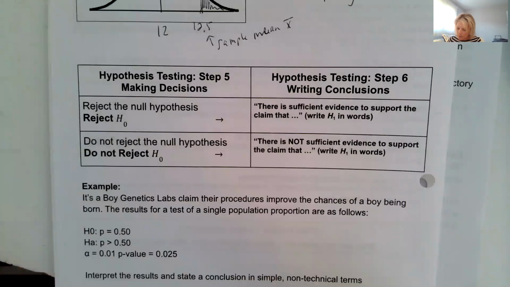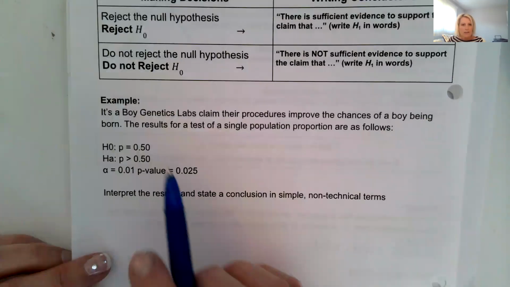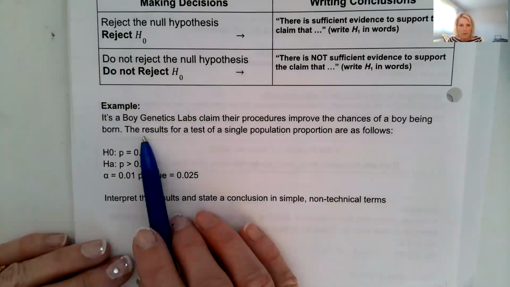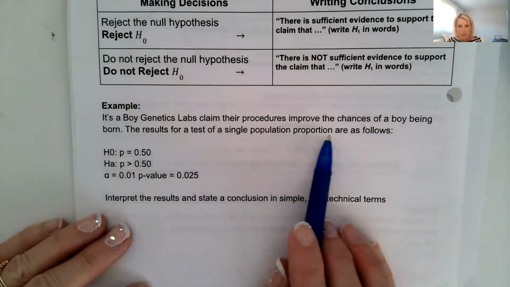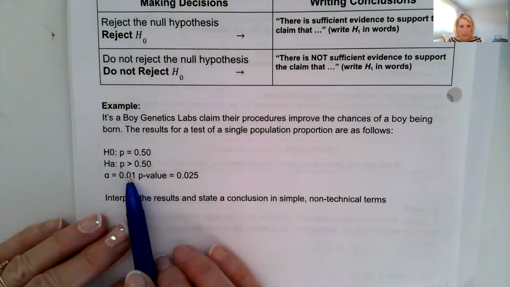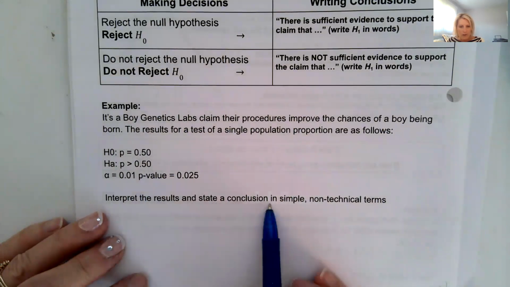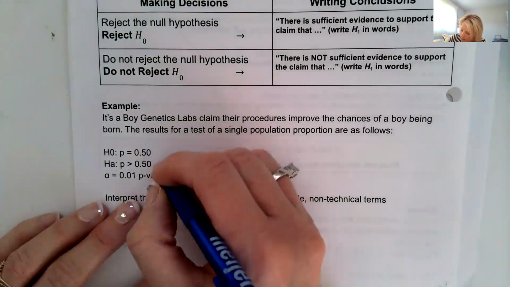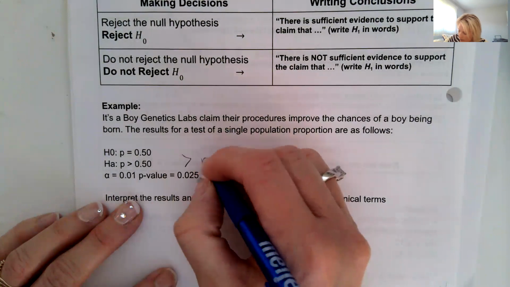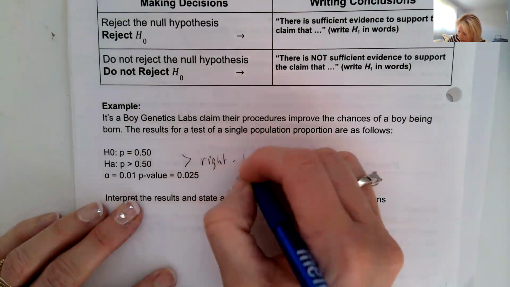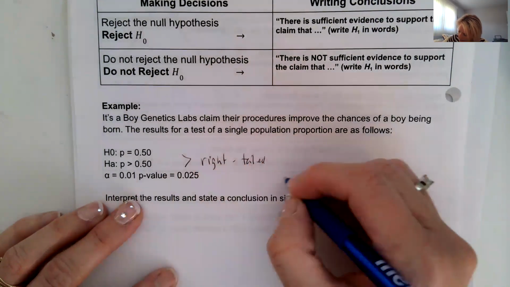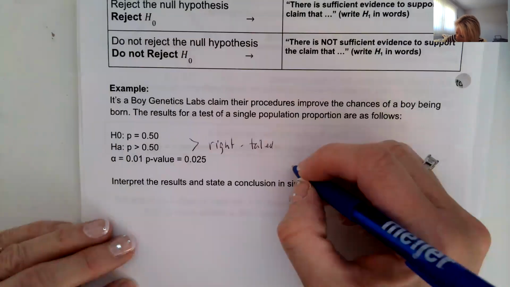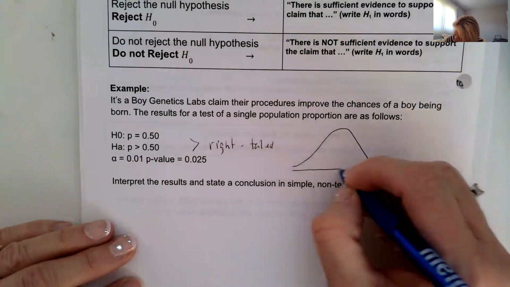So we're going to do a few examples. It says a boy genetic lab claims their procedures improve the chances of a boy being born. The results for a test of a single population proportion are as follows. Interpret the results and state a conclusion in simple non-technical terms. For one, let's acknowledge that because it's a greater than, it's a right-tailed test. We would usually have a graph here to show this.